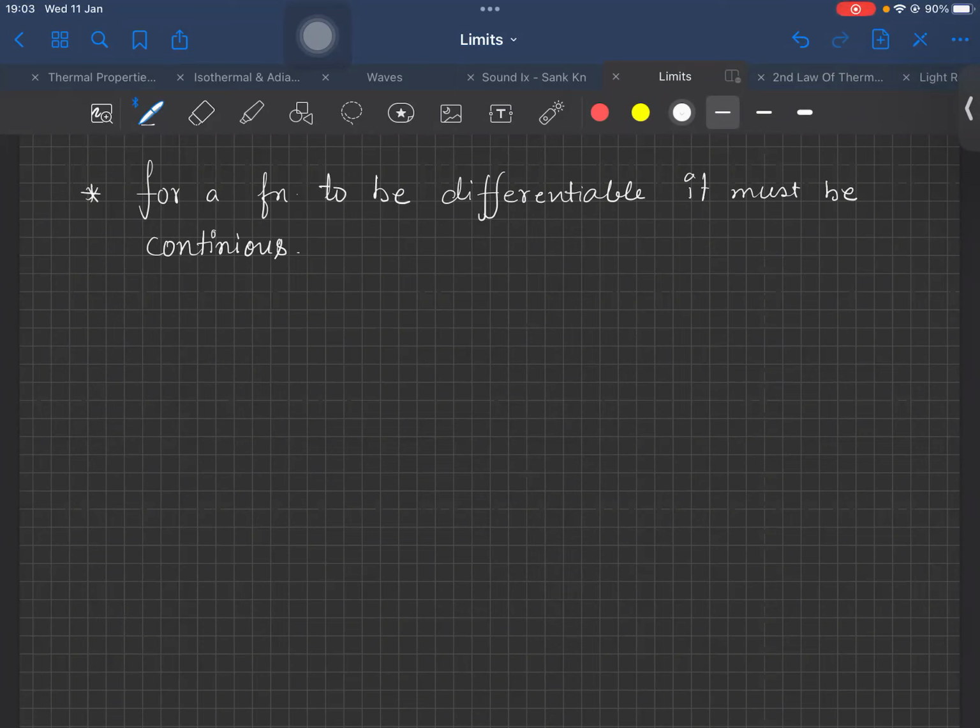Understood? Like if we see the example of the signum function, signum of x, how do we define it? This value is equal to 1 if x is greater than 0, minus 1 if x is less than 0, and 0 at x equal to 0.